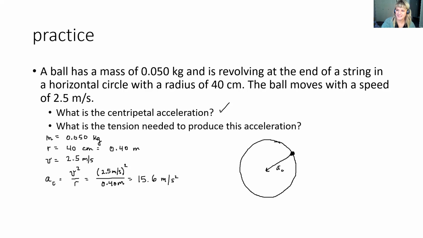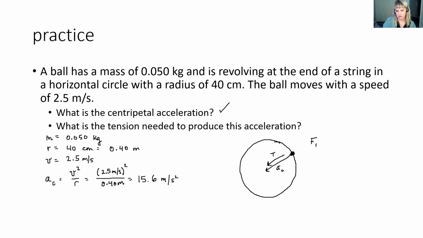We've already solved for the size of that acceleration: 15.6 meters per second squared. That means there must be a tension force from the string acting on the ball that also points towards the center of the circle.